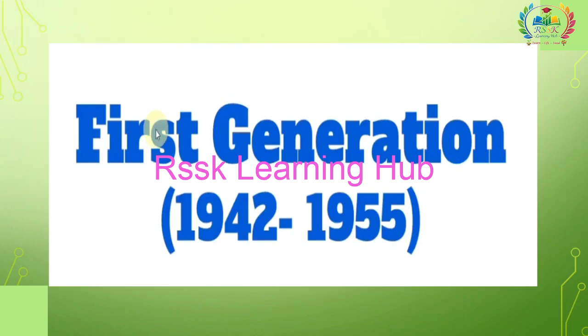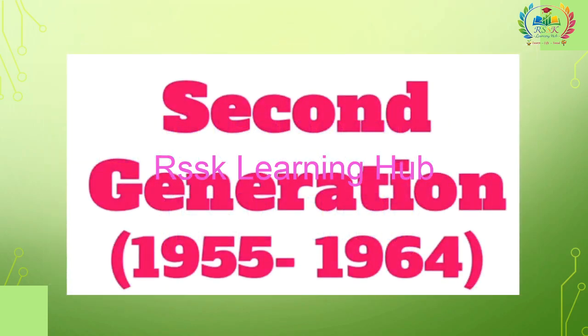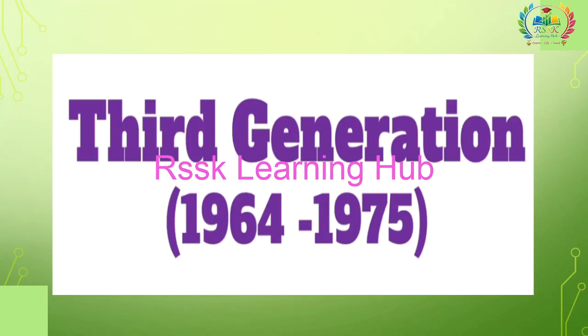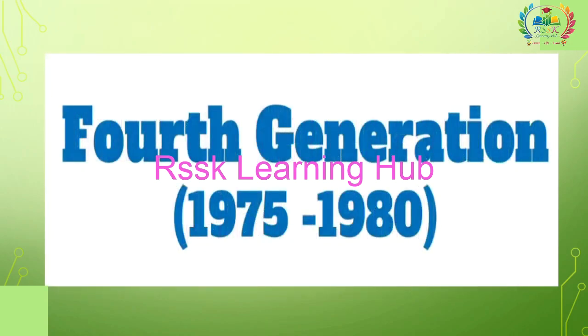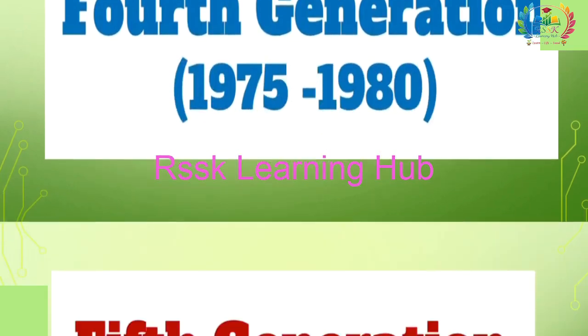The first generation is of the year 1942 to 1955. What are all the things we saw under this? It is a very large computer and it uses the vacuum tube concept, right? Coming to the second generation, we come across transistors, then punch cards also. In the third generation, the year 1964 to 1975, it uses ICs, and in the fourth generation, 1975 to 1980, it uses VLSI, that is very large scale integrated circuit.